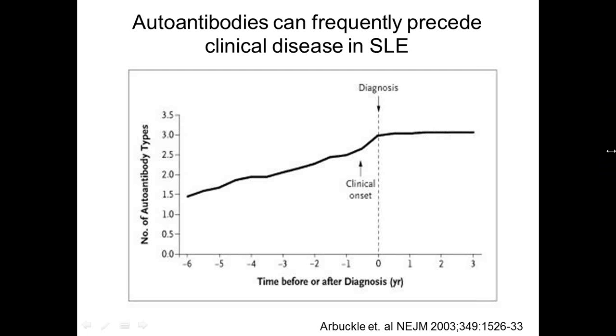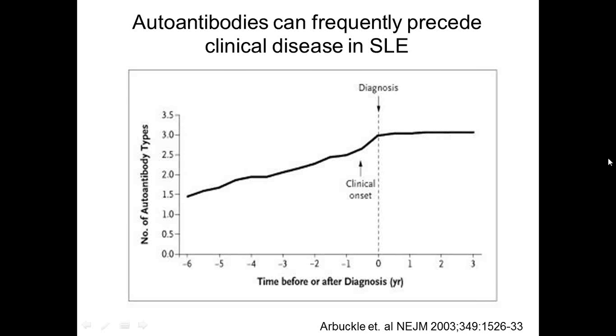That's one of those time sequence questions. And this was a study that addressed the time sequence of antibodies. And so this was really interesting, where they were able to obtain blood samples from people who were well when they donated blood, but then later on in life developed lupus.